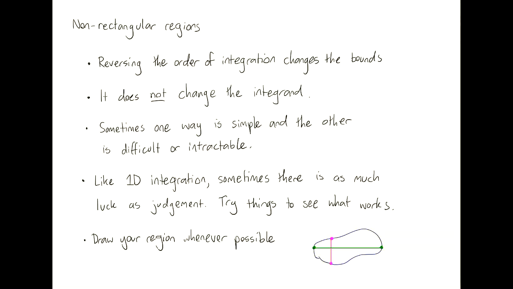Sometimes an integral is completely intractable in one direction and very, very simple in the other. That was true when we had rectangles. That is even more true now. Which is to say, sometimes making this change can take us from something we can't write down an answer to to something that we can, not just because it's hard, but because it's algebraically intractable.